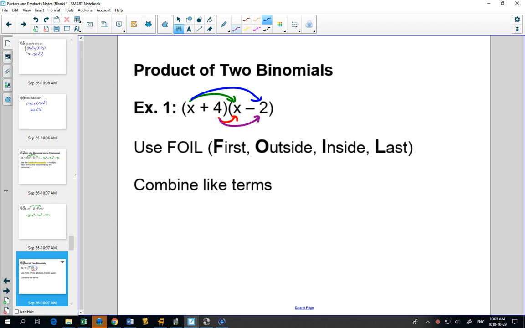And when we did this, our green ones, our first ones, and our blue ones are outside, our red ones are inside, our purple ones are our last ones, and this is equal to x squared if I color code as I go.